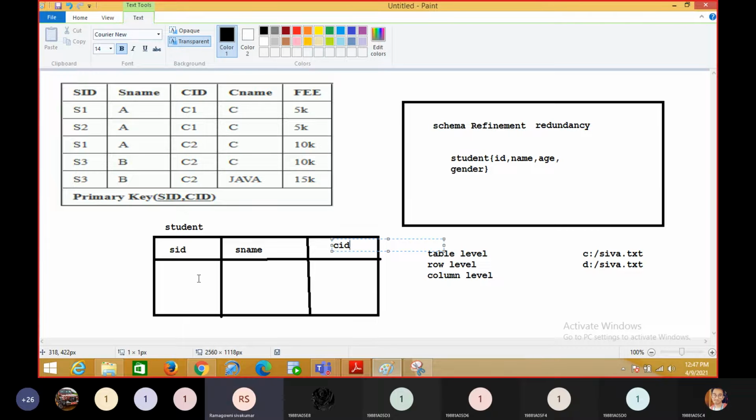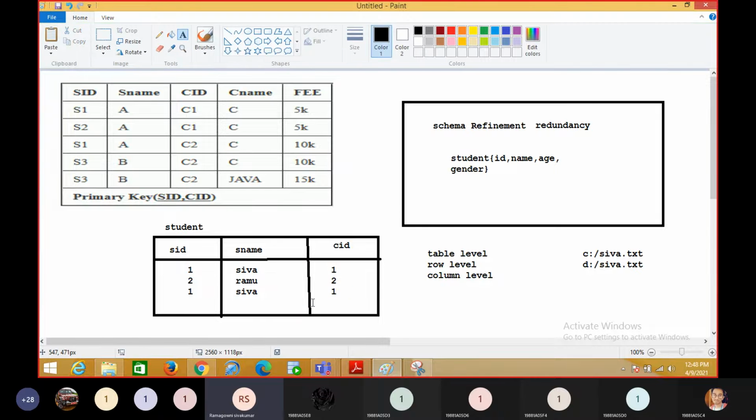Student ID 1, ID 2, name Siva. Next, student ID 1 again with something.